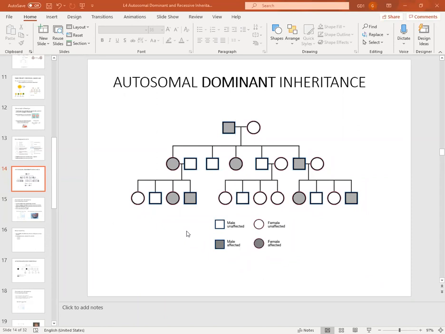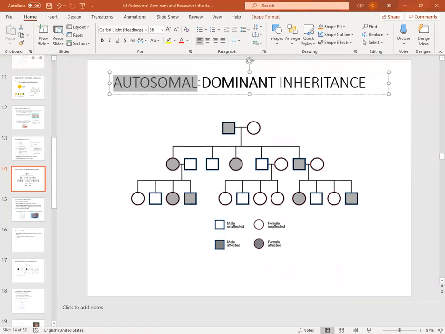So in here you can see that both men and women in this pedigree have the disease. So it may not relate to the X or Y chromosome. It should tend to belong to the autosomal chromosomes, right?